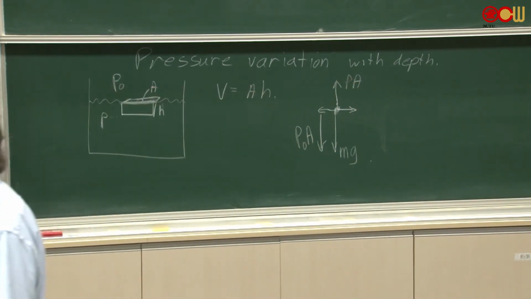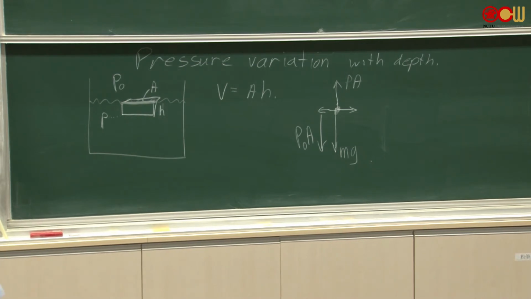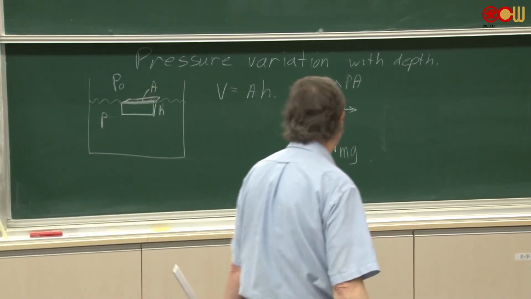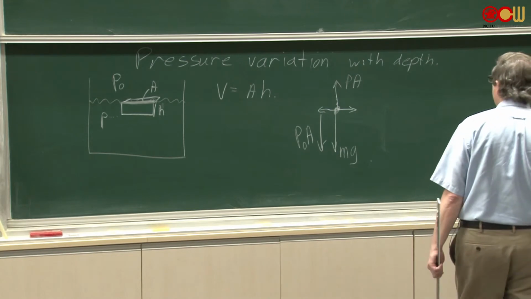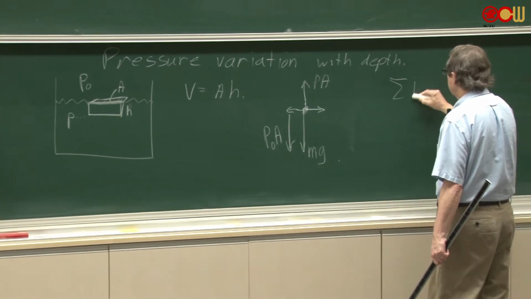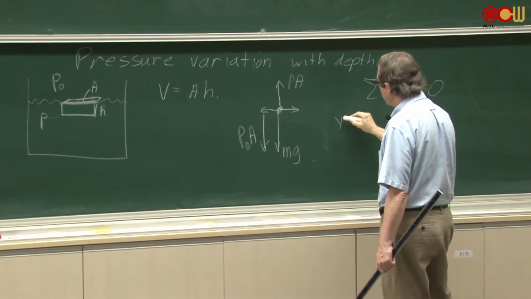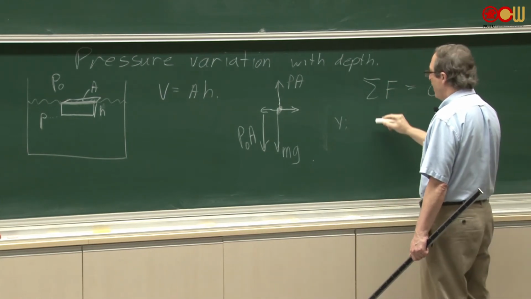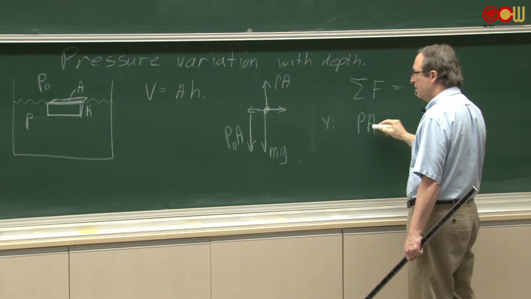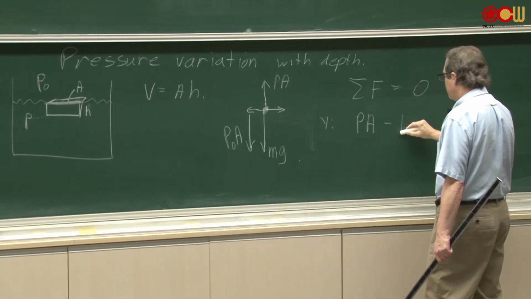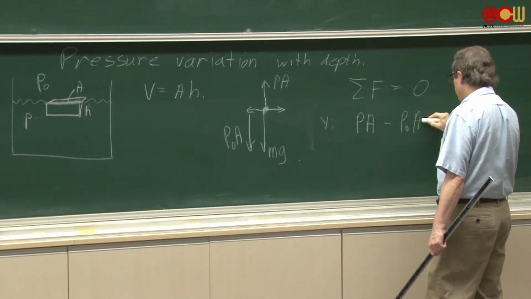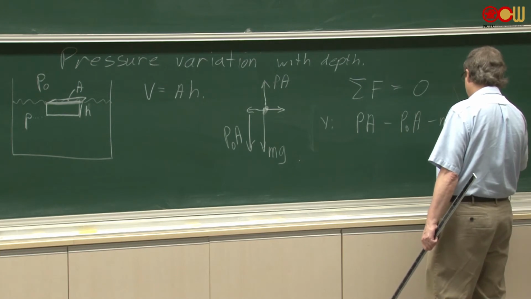Or is that it? All right, that's it. So the sum of the forces has to equal 0. I'll just do the y component. So we have PA up, and then these two down, minus P0A minus mg equals 0.